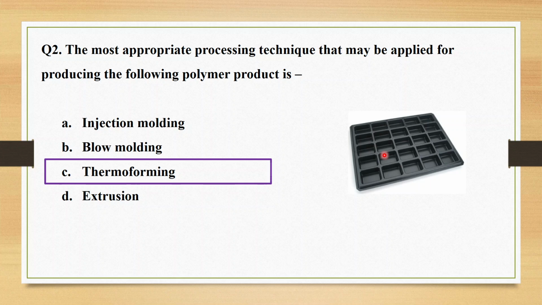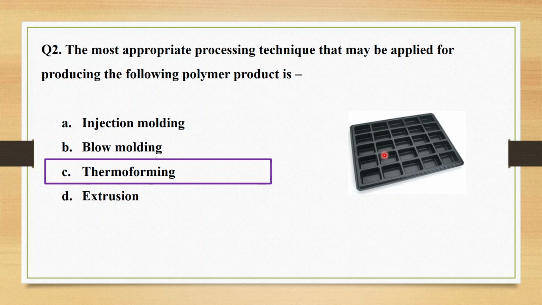In case of blow molding, you take a polymer material and create walls by blowing inert gas into it. So it can form structures like cylinders, bottles, big plastic jars, etc. You are blowing the inert gas and making walls. So this is for blow molding.